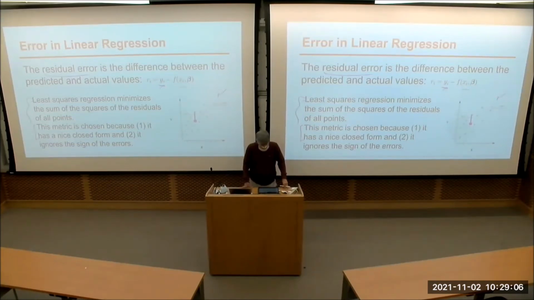The other thing is that by squaring the residuals, a positive error and a negative error don't cancel each other out. So the least squares criterion is a useful metric for these things. Any questions?